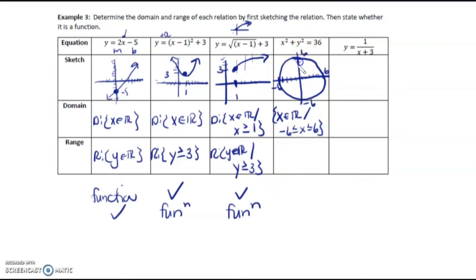Okay, and the y's again occur. The lowest y is -6. So y is between -6 and 6. And yes, this is a function.